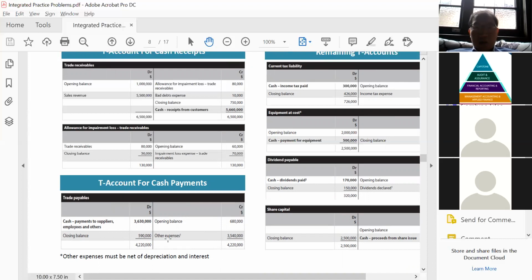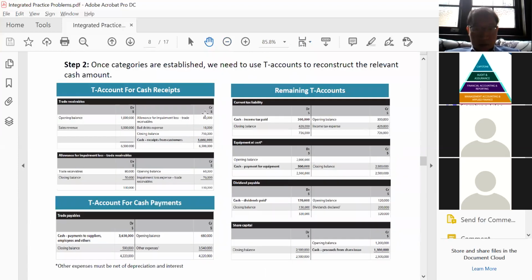But because we are interested in understanding what is going to be the cash that is ultimately going to be paid, we need to net out these two effects, okay? Because depreciation is a non-cash expense, okay?